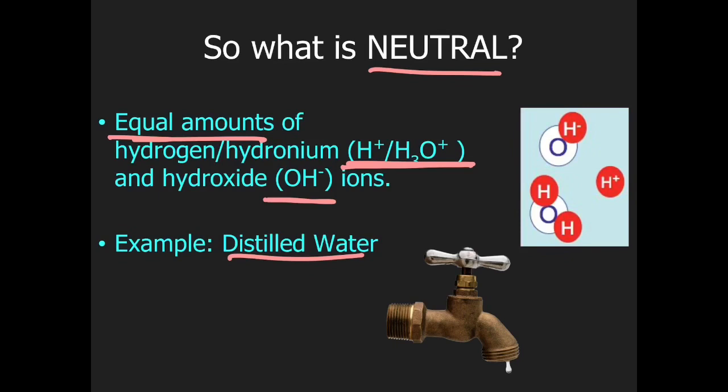Well, if you think about what water is, H2O, you've got an H plus and an OH that it can break apart into, right? Two hydrogens and an oxygen. So that's what makes water so neutral, is that it can break off and draw a hydrogen ion as well as a hydroxide ion.